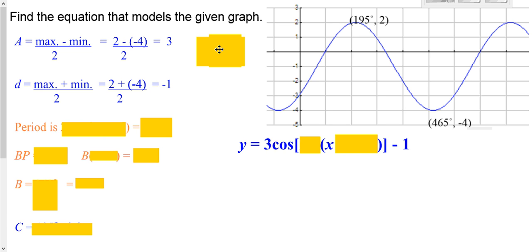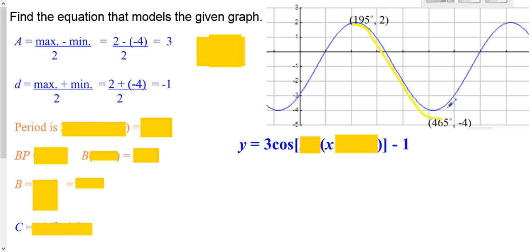So now we want to go ahead and look at our period. Your period really goes from this low point to the top point to the low point again, or from this top point to the low point to the top point again. But we only know about one top point and the next low point. Well, going from here all the way down to here is really half of my period.